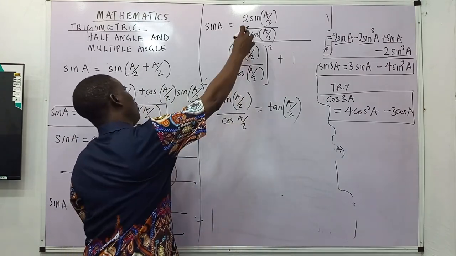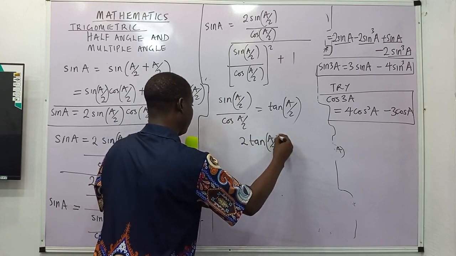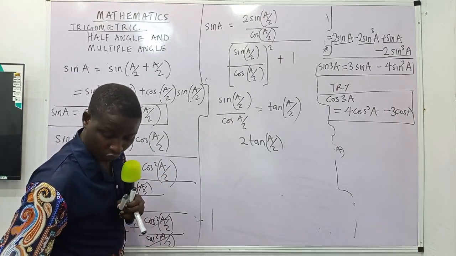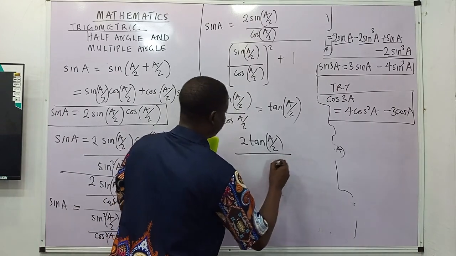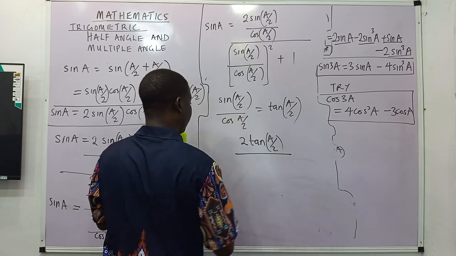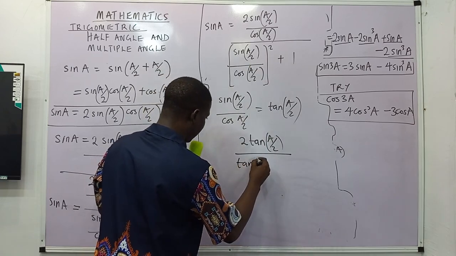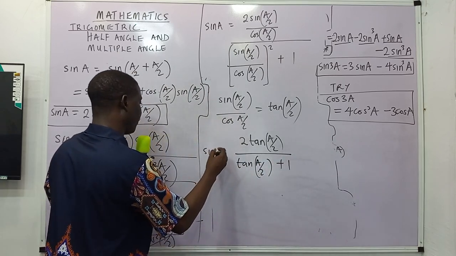So the upper one is 2 tan A over 2. Then we divide by tan A over 2 all square plus 1, equals sine A.